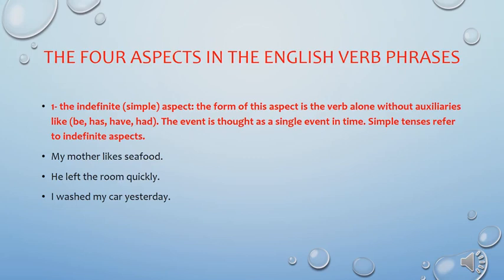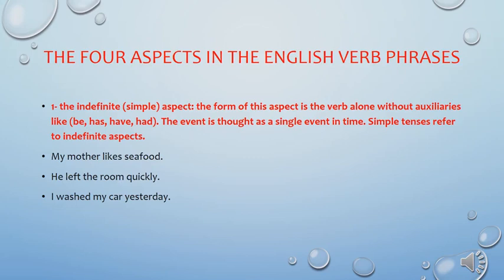And the event or the action of this verb refers to a single event in time. It means that it is an event that happened and finished, and in the present it happens and it will finish. So it is a single event in time.